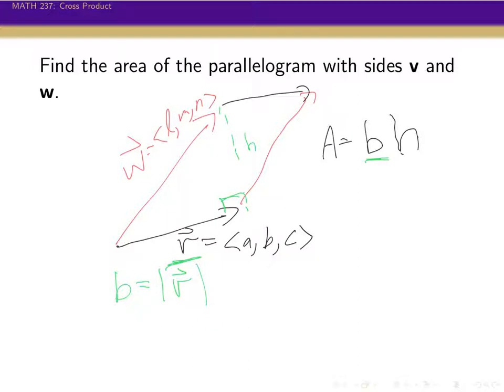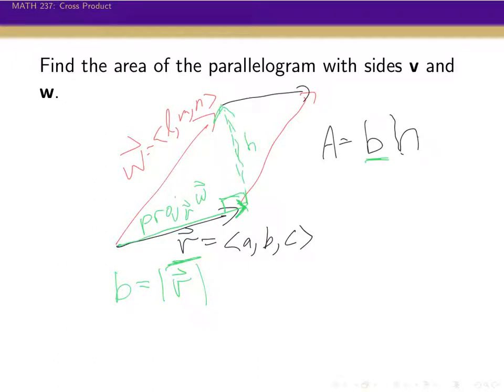Well, if you think about it, this is a lot like the problem where we're trying to find a vector that's perpendicular to V that sort of closes up this side. And so if we're making this into a triangle, this vector is in the same direction as V and goes out to this point that goes straight up at the end of W. And so this vector right here is the projection of W onto V. And so what's this height going to be?